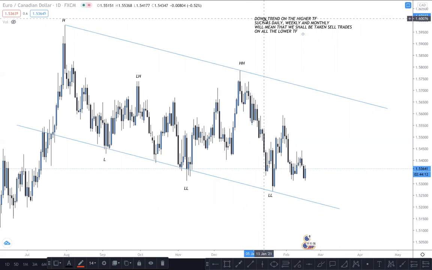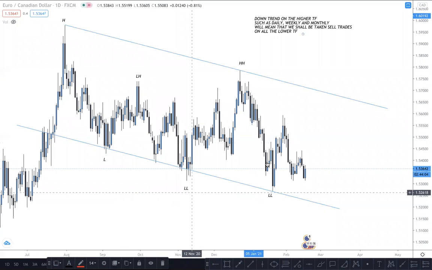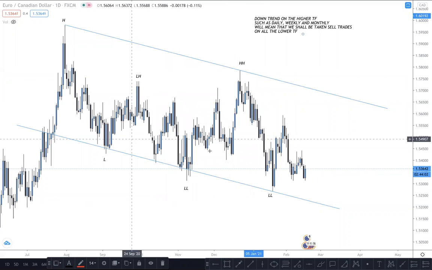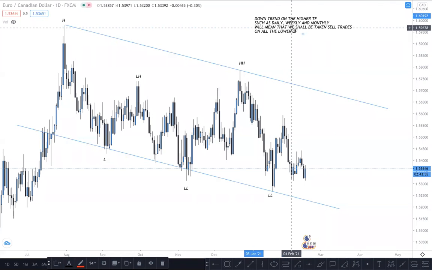Yeah. So if you're on a higher time frame and you see a clear picture of lower highs and lower lows formation, that tells you that all the trades you want to be taking on your smaller time frame are sells. And that is very, very important.